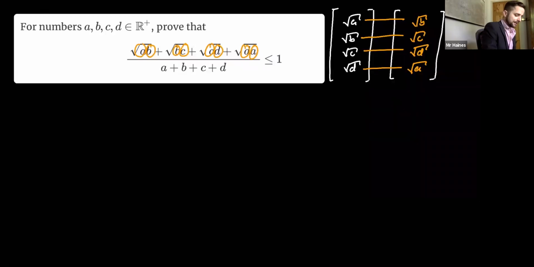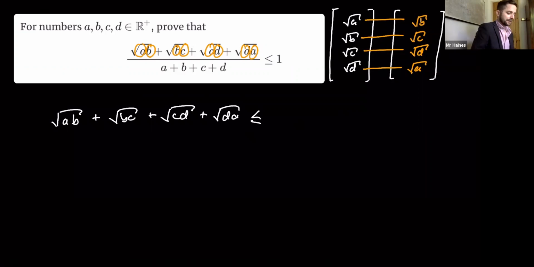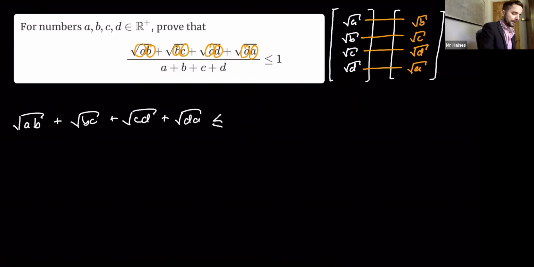So on the left-hand side, Cauchy-Schwarz would give us root A times root B, which is root AB, plus root BC, plus root CD, plus the square root of DA. And on the right-hand side of Cauchy-Schwarz, make a bit more room for myself, we end up with root A squared, which is A. Yeah, that was pointed out by Leah.